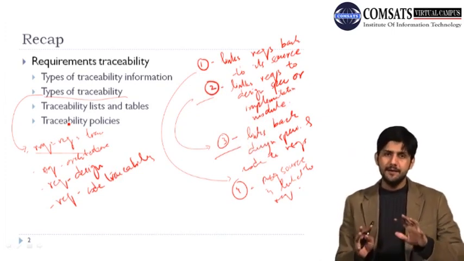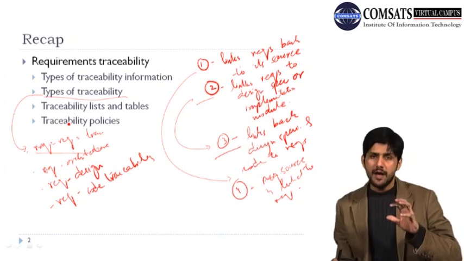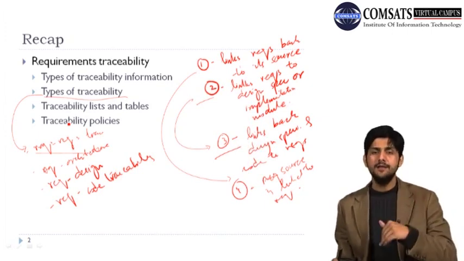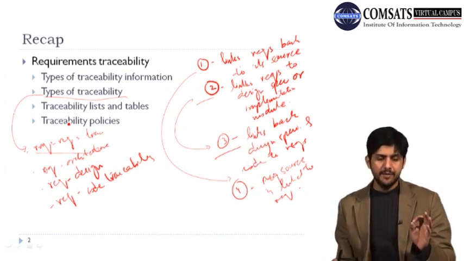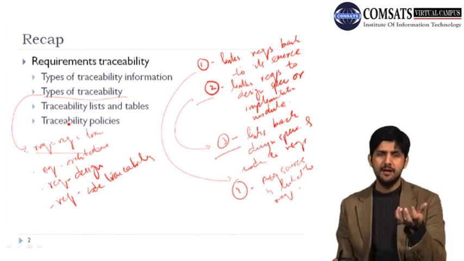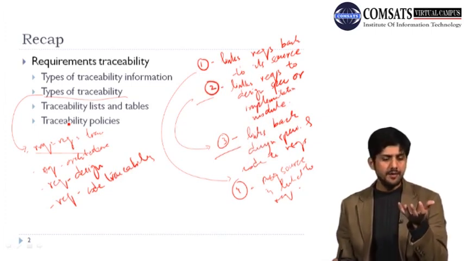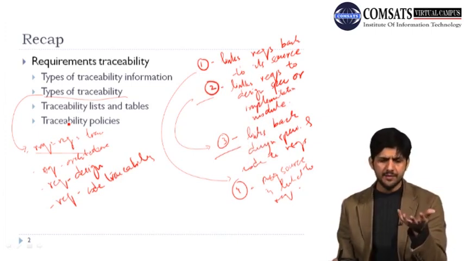The point is that by using these different types of traceability information and translating it into different traceability tables or matrices, we construct the traceability of our system. And by modeling this traceability, we can actually capture the impact of change, and that is what we are going to discuss in detail later.